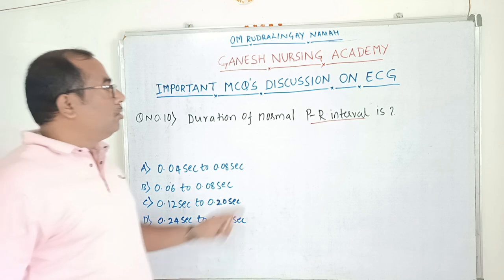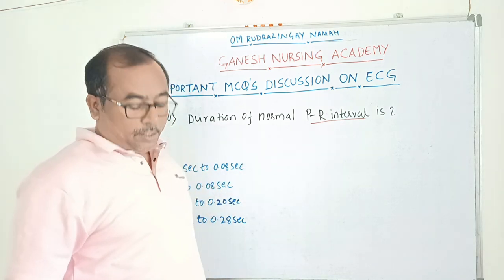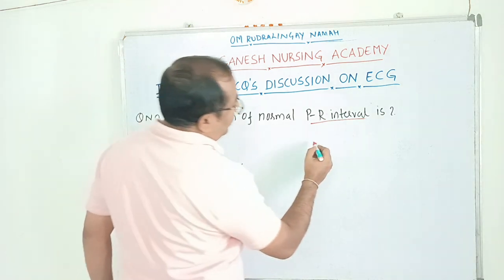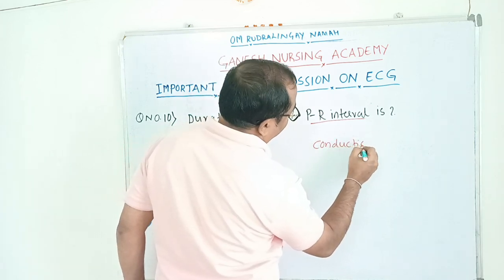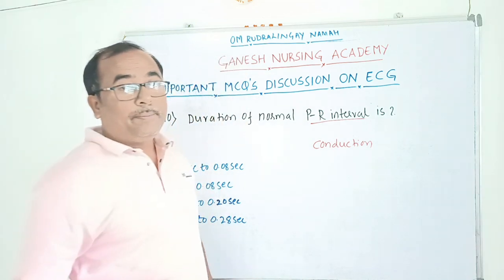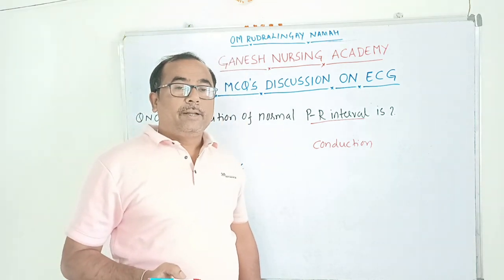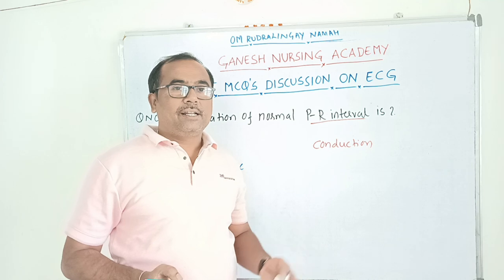Now how to assess this PR interval? Usually we assess this PR interval in conduction. In interpretation of ECG, we are going to interpret by rate, rhythm, conduction and configuration.